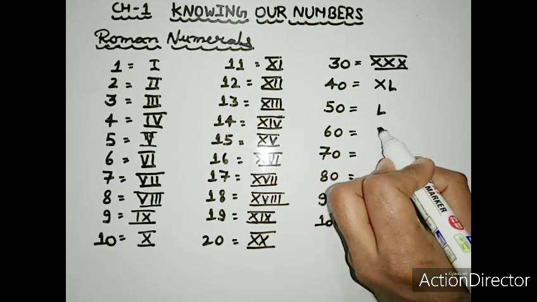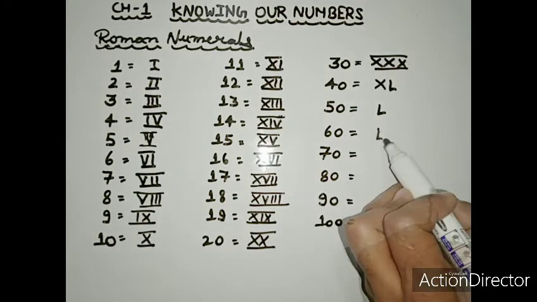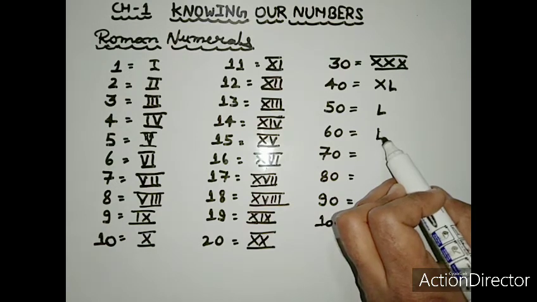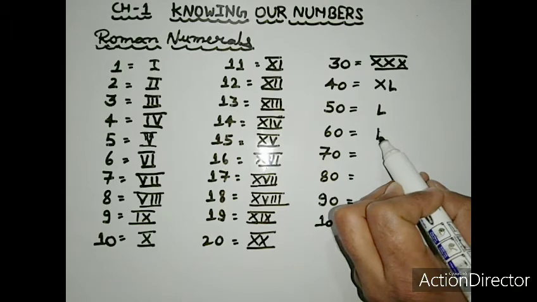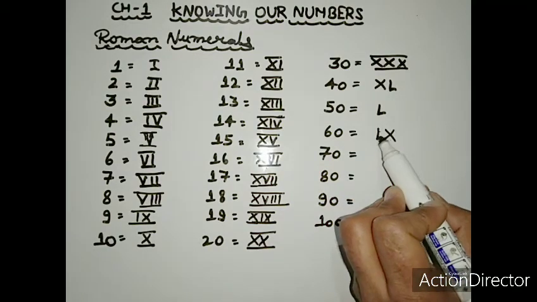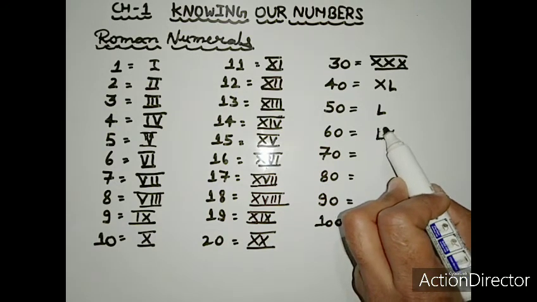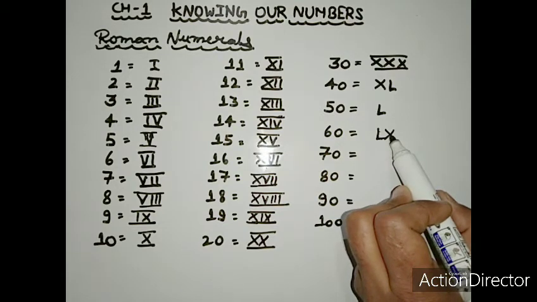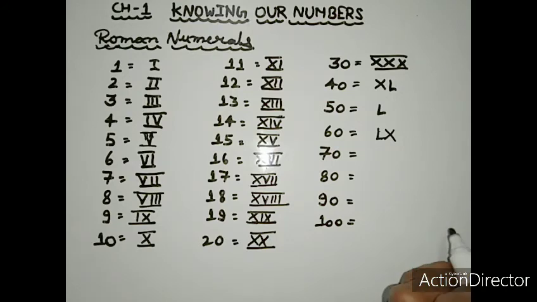L plus 10 means L plus X. L represents 50 and X represents 10. So here we add L and X. 50 plus 10, because L is here written on the right-hand side of this greater numeral. So 50 plus 10, 60.